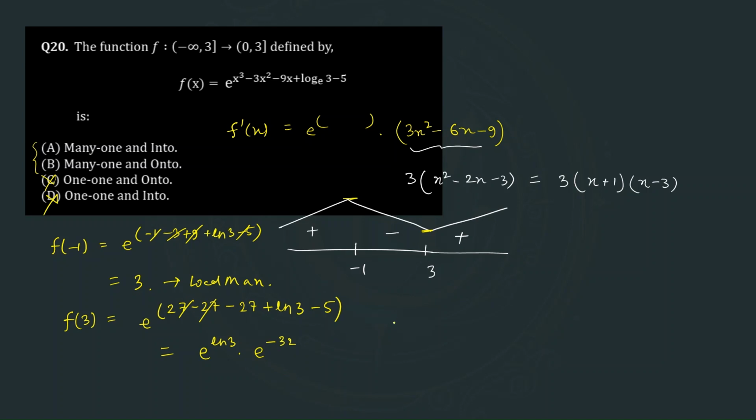Now if we try to find the limit of f(x) as x tends to minus infinity, it will be equal to e to the power minus infinity, because this expression will tend towards minus infinity, so it will tend to 0. So the range of this function will be equal to (0, 3], and we can observe that the range of this function is equal to the codomain. That means the function is onto. So option B will be the correct option for this question. I hope you understood this question.